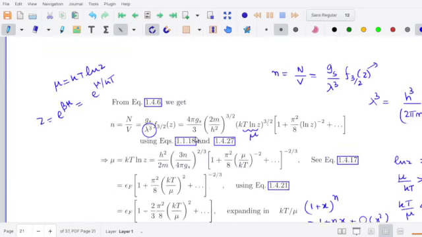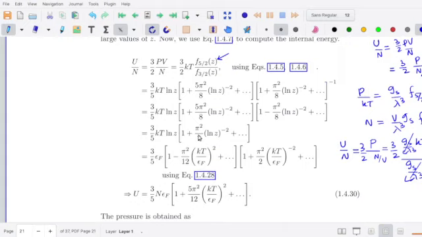Substituting these two expressions, we will get U by N is equal to 3 by 5 kT log z, where a factor of log z comes outside, then this comes from the expression for F5 by 2, and this one, which is the denominator here, comes from the expression for F3 by 2.